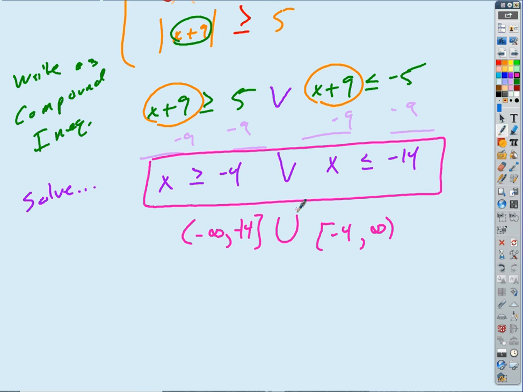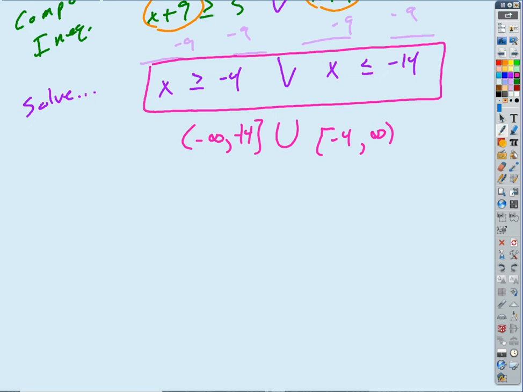And so that just matches what we'd see on the number line. If we graph this thing on a number line, interval notation matches exactly what we see, right? We'd end up with down here at -14 and at -4, closed circle at -14, shade to the left, closed circle at -4, shade to the right.